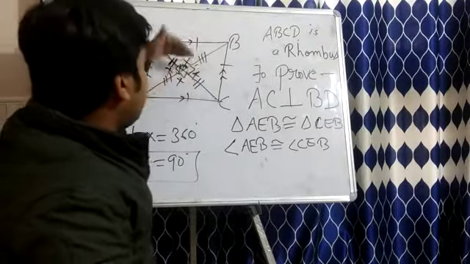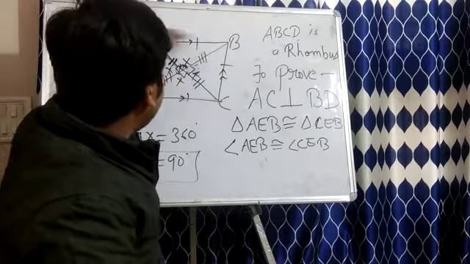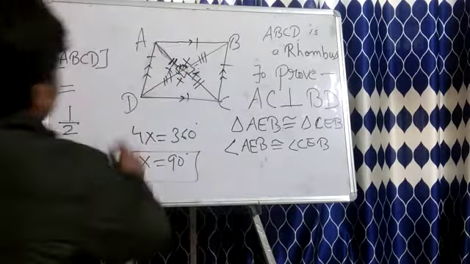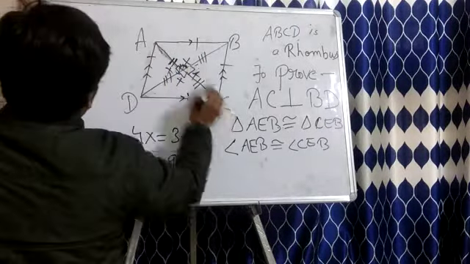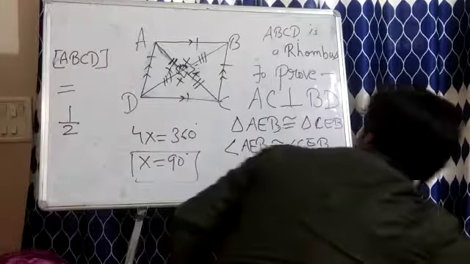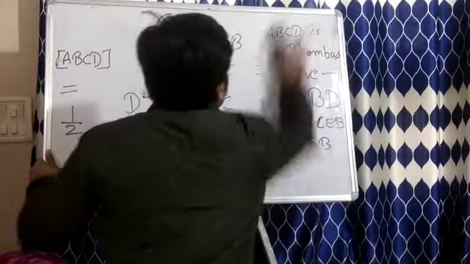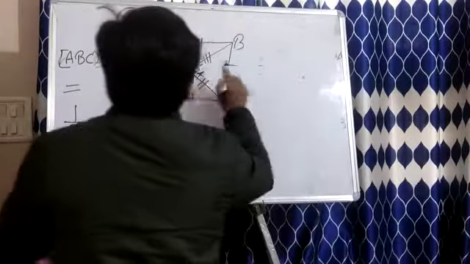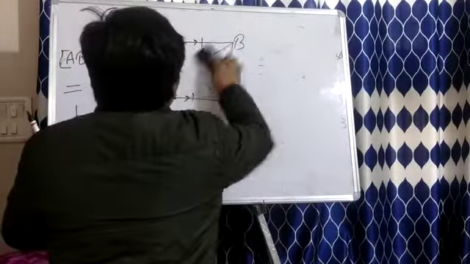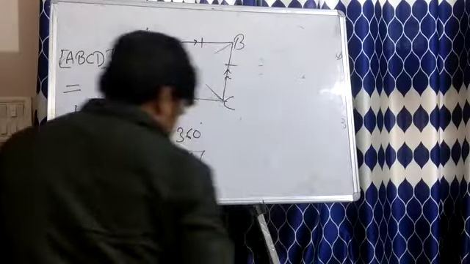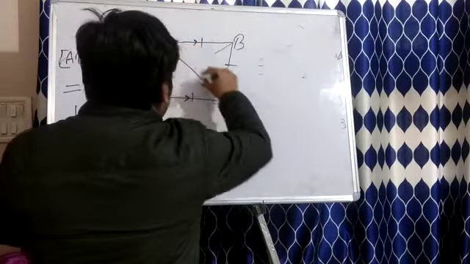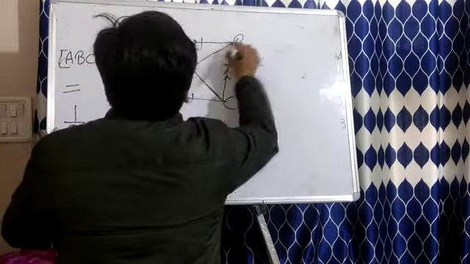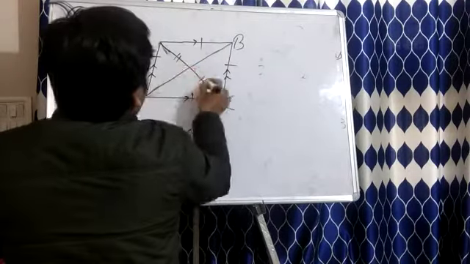Let me first rub this so that I can give you a proper visual. So what we have proved is that these two diagonals bisect each other and they're also perpendicular. This is perpendicular, this is perpendicular.